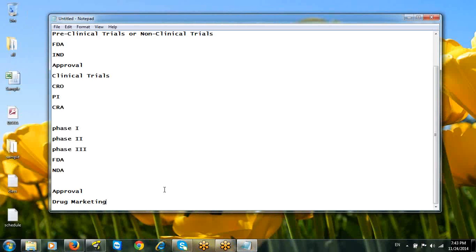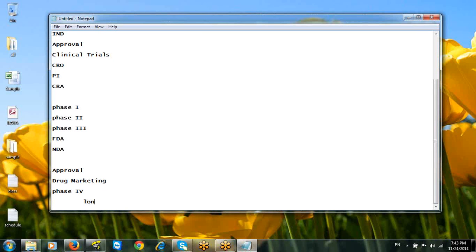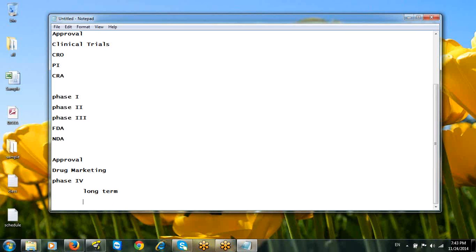So what they mainly concentrate on in phase 4 is to think about the long-term effects of the drug, and at the same time they compare their product with the already existing standard products regarding effectiveness, price, everything.